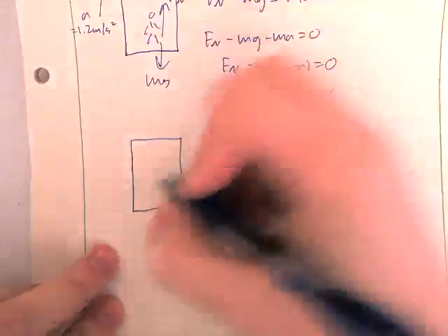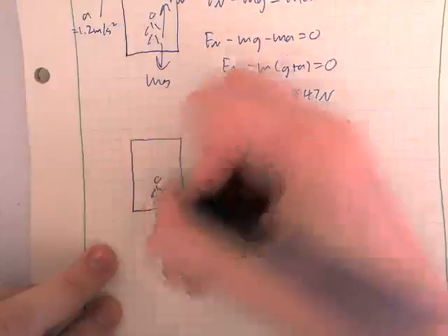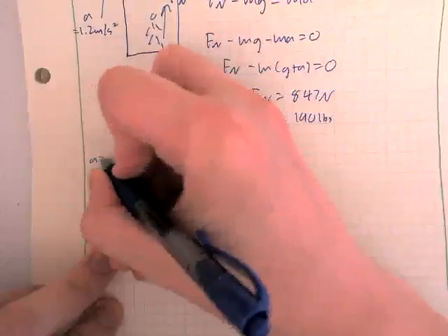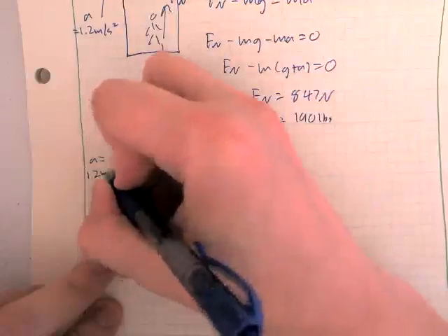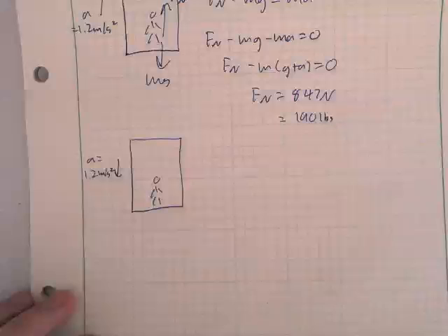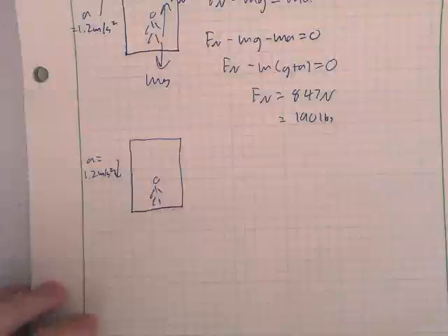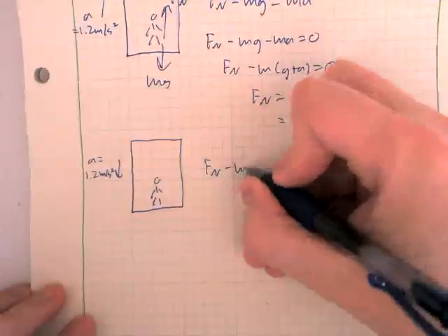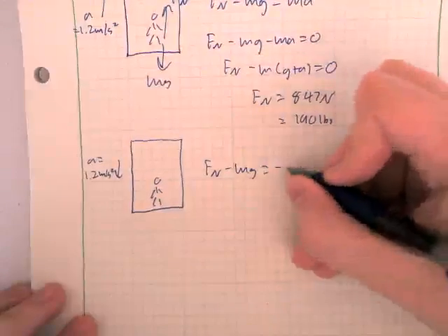I need to go back down. I'm in this elevator, and now we'll say we're accelerating down, with an acceleration still of 1.2 meters per second squared. What does our equation look like this time? Now we have Fn minus mg equals minus ma.